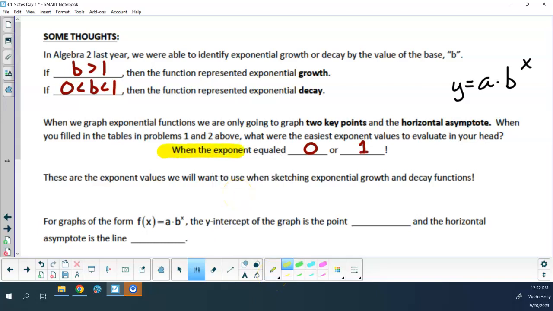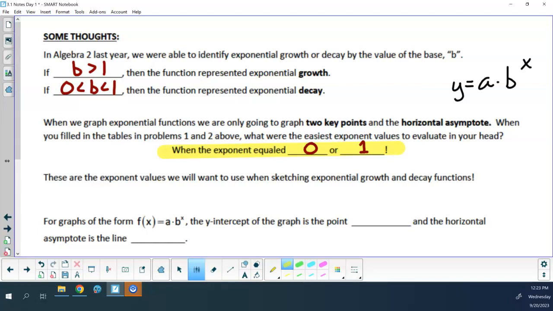Those are the 2 key points that you need to graph. More than that just makes your graph more accurate. But those are the minimum.